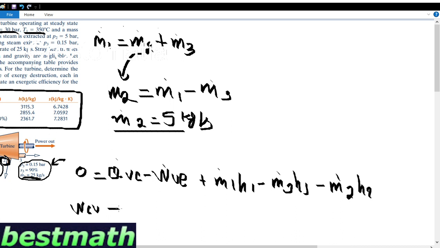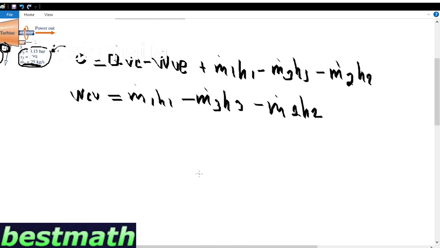Afterwards, we solve for the power developed by the control volume. Thus, mass flow 1 times enthalpy 1 minus mass flow 2 times enthalpy 2 minus mass flow 3 times enthalpy 3 will be equal to the power developed by the turbine.